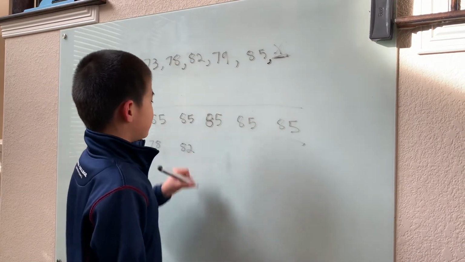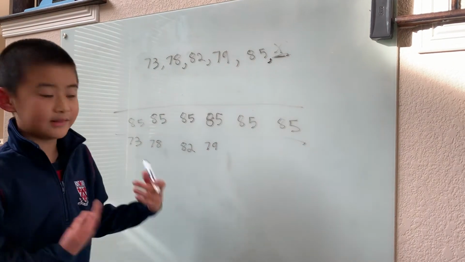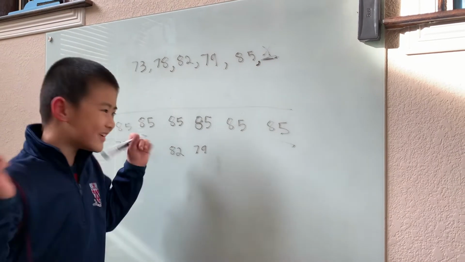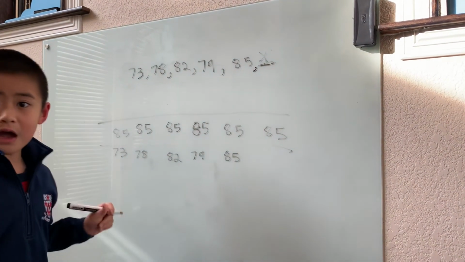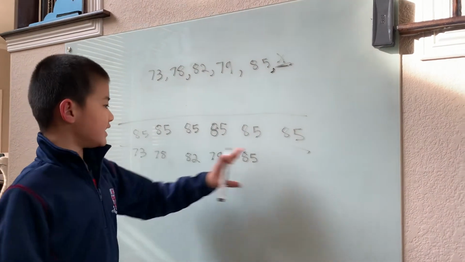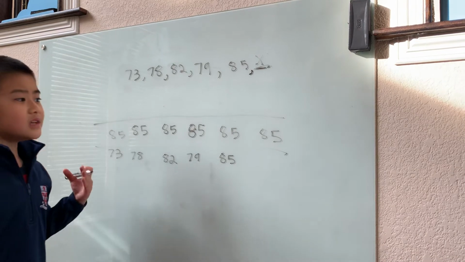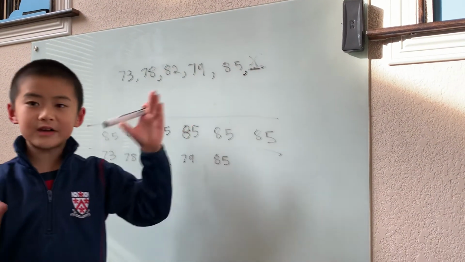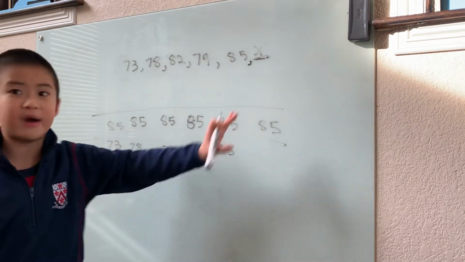And 79 is also below. All these except this 85, that's equal. I'm just going to write this also below. Since all of these numbers are below our average, this number is going to have to balance whatever stuff is below average.